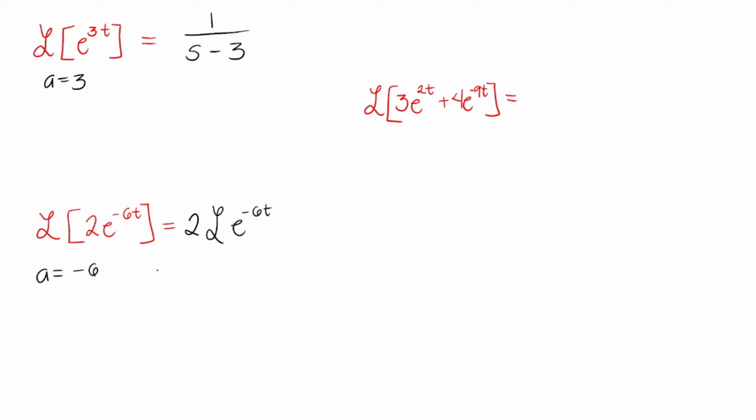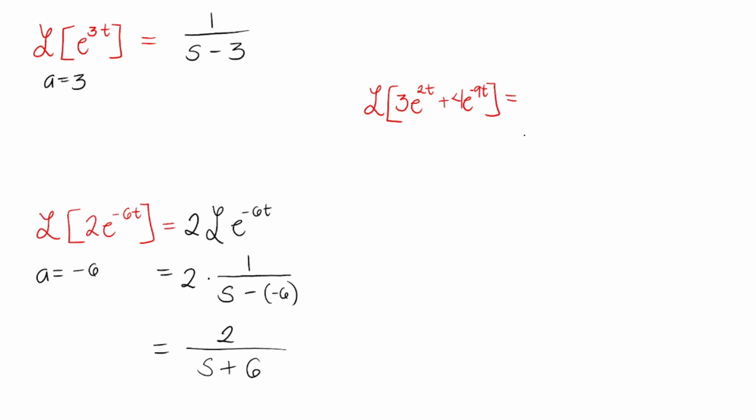So, applying the formula, huwag nyo kalilimutan yung constant sa labas, 2 times 1 over s minus a, in which a is negative 6. Then, simplifying this, we will have 2 over s minus negative 6 is simply s plus 6.